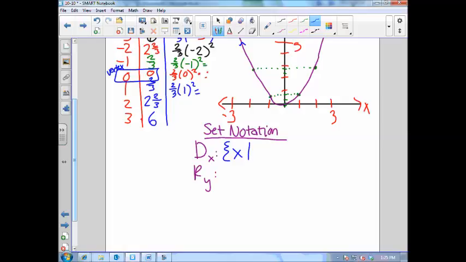The set of all x's such that x is, if we're going from negative infinity to positive infinity, is that all of them, or does it like skip numbers? Oh, there's the word real numbers. So we do a C with a line in the middle, real numbers, which is a capital R with a double slash. So this is red. The set of all x's such that x is in the real numbers.